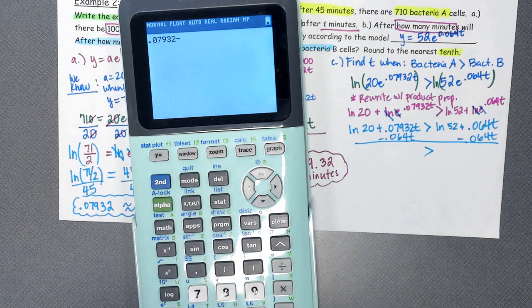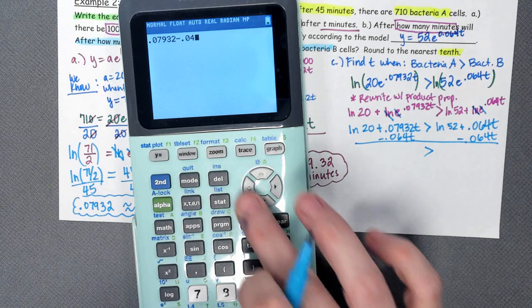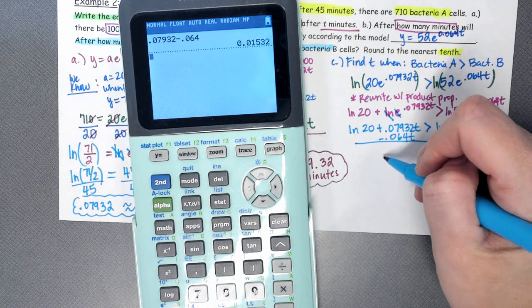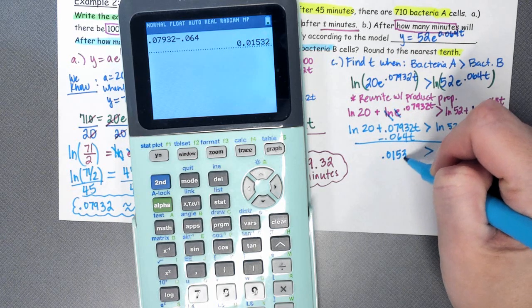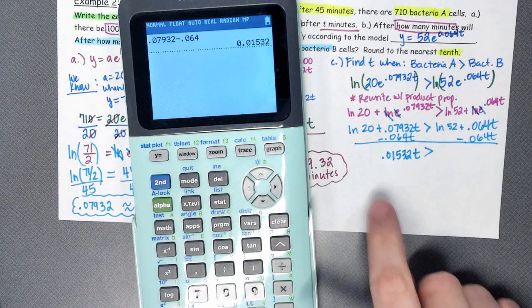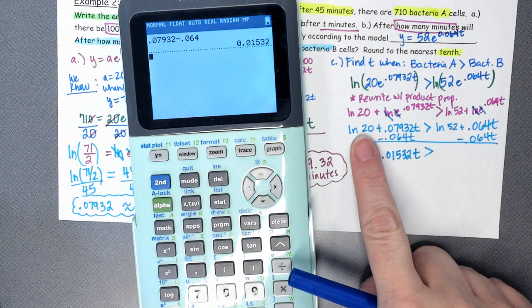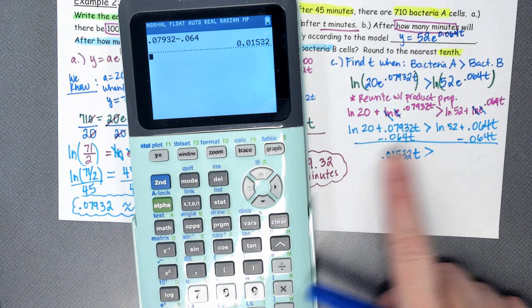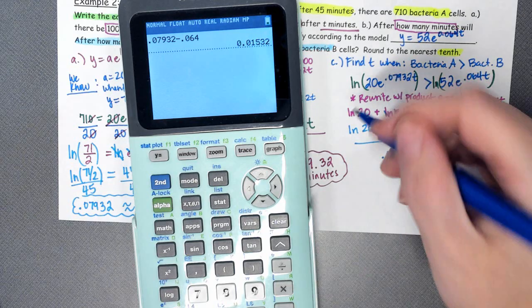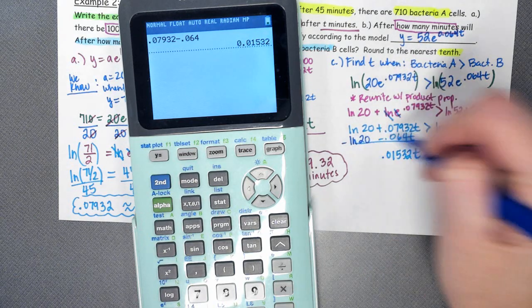Okay, so we're just going to subtract the coefficients. So I have 0.01532t. And then you can do this in 2 steps or 1 step. So you could bring down the natural log and the natural log, but really you're just going to end up moving the natural log of 20 over.